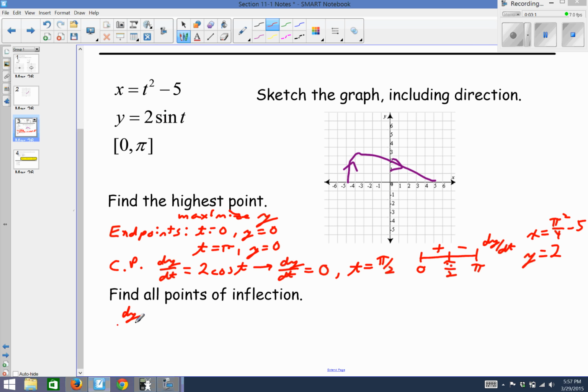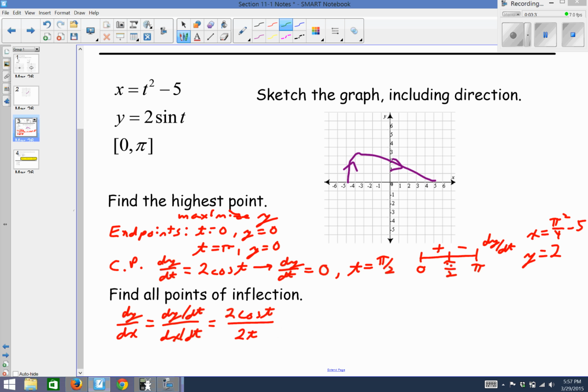So the first thing I would need is dy dx, which is dy dt over dx dt. Well, dy dt, as we already found for finding the highest point, would be 2 cosine of t. And dx dt would be 2t.